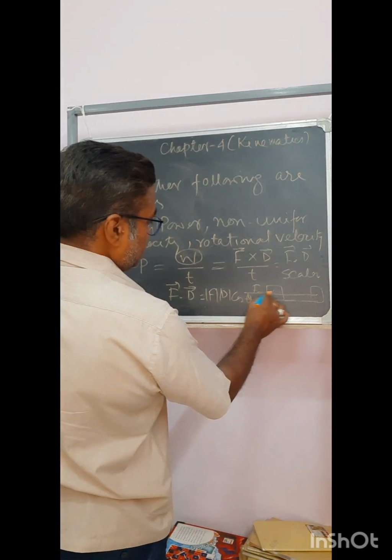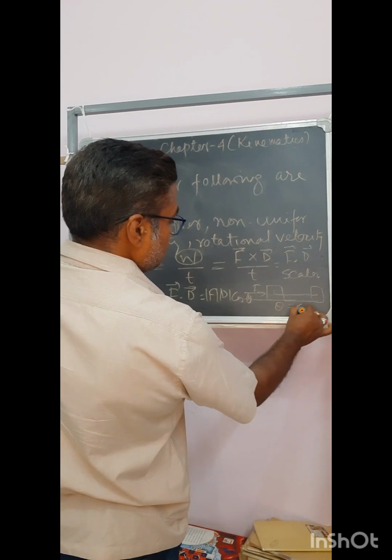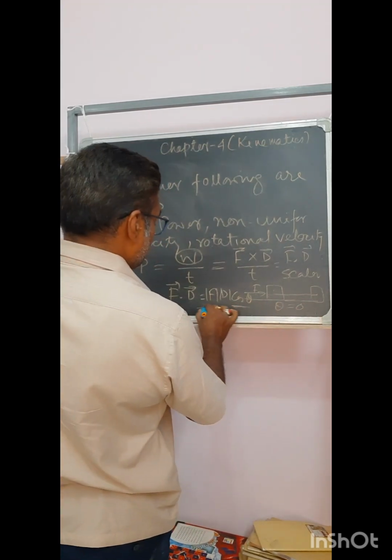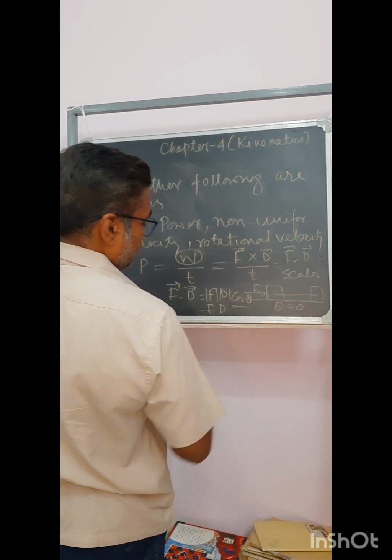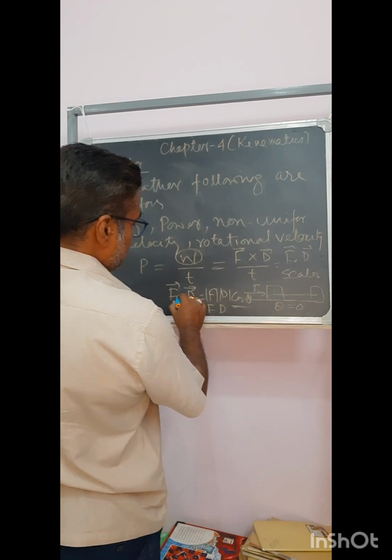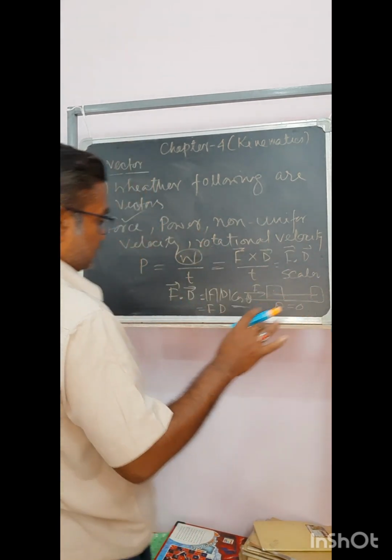Now what is the theta between F and d? Because they are collinear, theta is 0. What is cos theta here? Cos theta is equal to 1. So this is simply F into d. In case it is a dot product, the resultant will be a scalar.